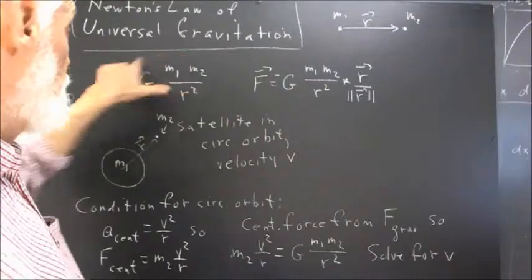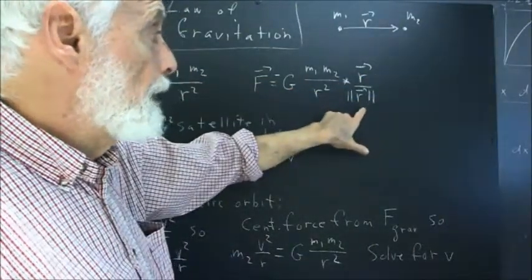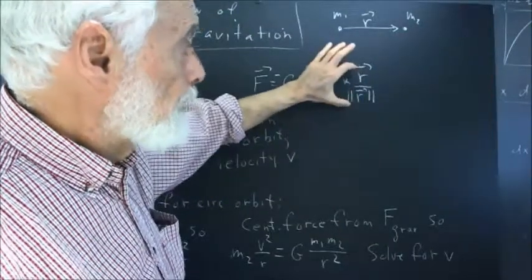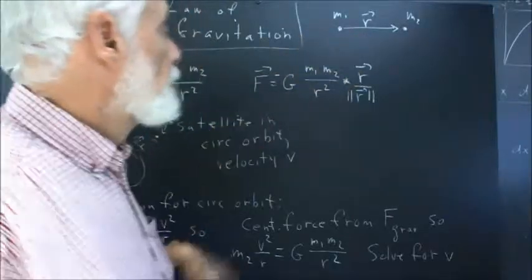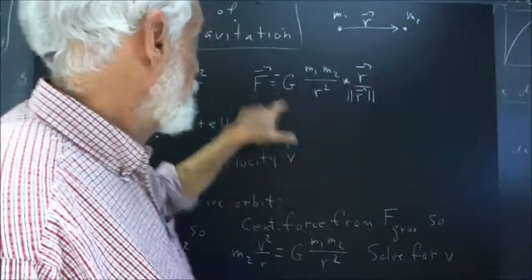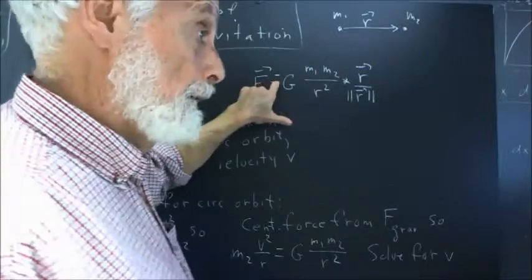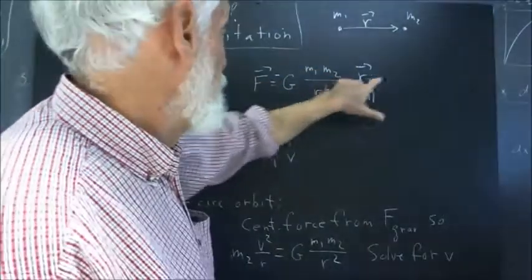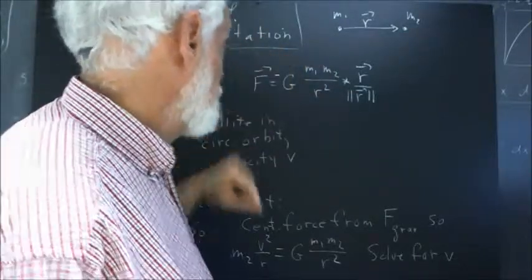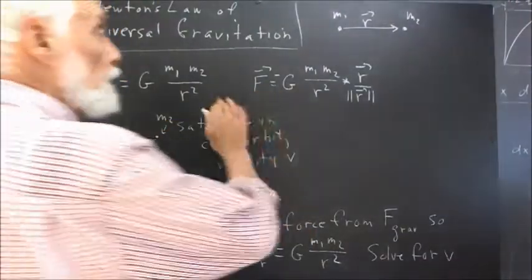The R over the magnitude of R is just a unit vector in the direction of R. And the force is going to be in the direction opposite R. R over magnitude of R is in the direction of R, so we put a negative out here. We then multiply that unit vector by the negative and the magnitude of the force, and we get the vector force. This will become important later, so it's worth thinking about now.